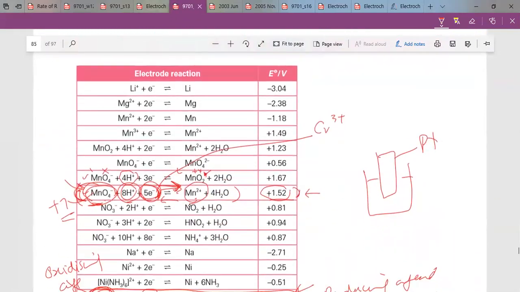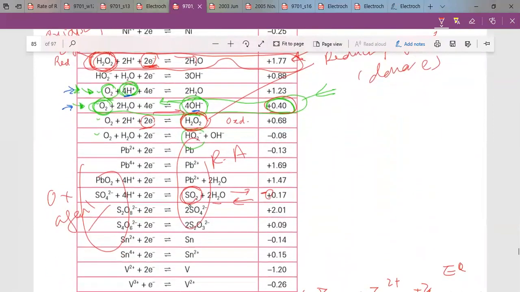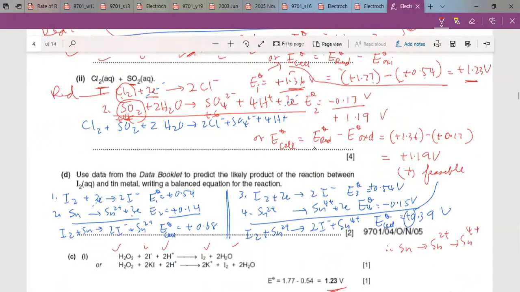It's on the right hand side here, SO2. Going this way, you get sulfate, so we use minus 1.017 here. The two electrons can cancel off.